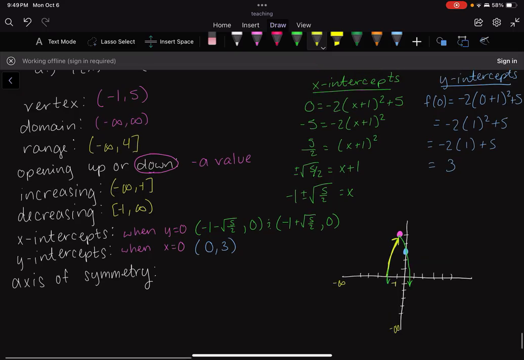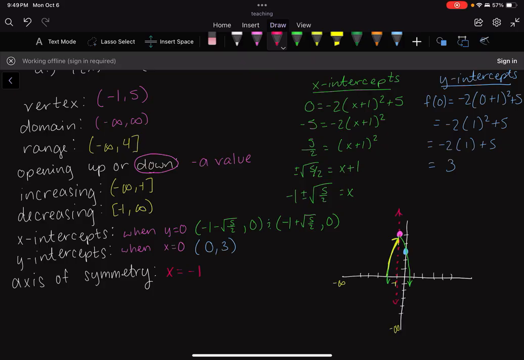And then the last thing is the axis of symmetry. And I know we haven't talked about that yet, but the axis of symmetry is this invisible line that goes right down the middle. It's always the x equals of your vertex. It's a line, so that's why it needs to say x equals. I'm not going to take it if you just say negative 1, because that doesn't tell me anything.